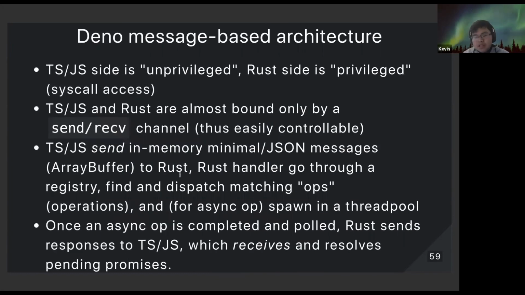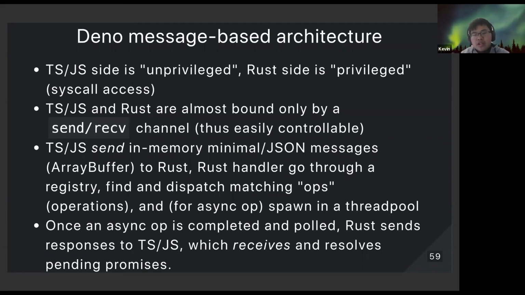The basic underlying architecture of Deno is that it has really limited direct binding to V8. Instead of doing a lot of bindings from the TypeScript side to V8, we just use a really few bindings, and the most important ones are called send and receive.